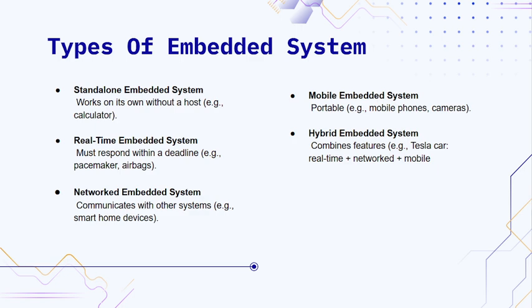Networked embedded systems involve communication of embedded systems, mainly in smart home devices like your smart light, smart television. Mobile embedded systems, as the name suggests, we can take anywhere. They are mobile. Hybrid embedded systems are a combination of these types, such as a Tesla car, which is real-time, networked and mobile.